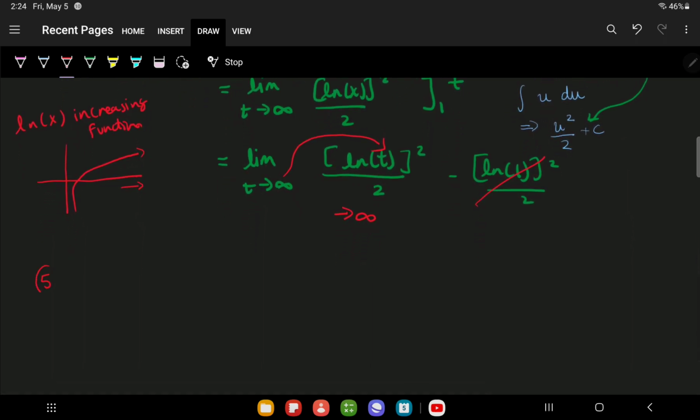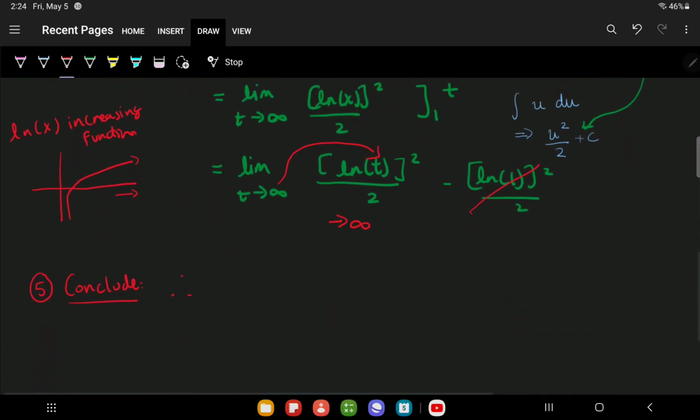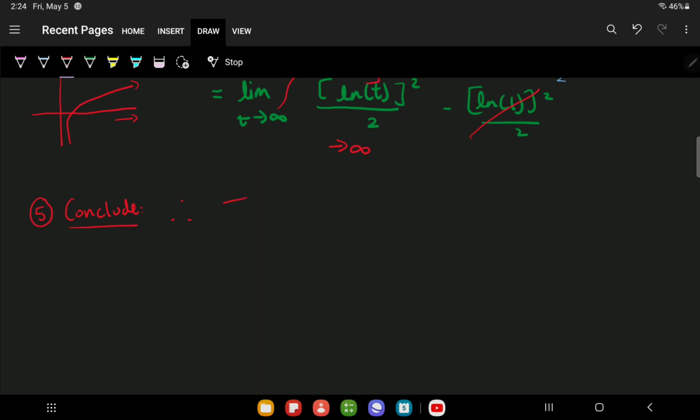And so we conclude that, since the integral diverged and we have checked these three conditions, positive, continuous, and decreasing, the series from n equals 1 to infinity of natural log of n over n also diverges by the integral test. And that's it.